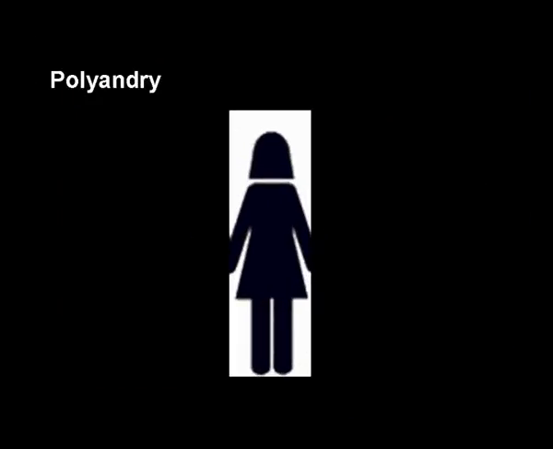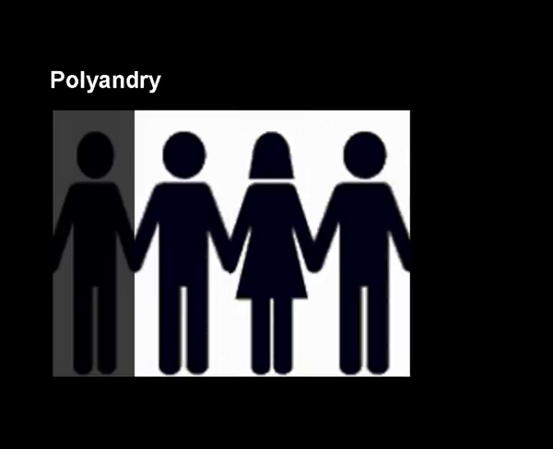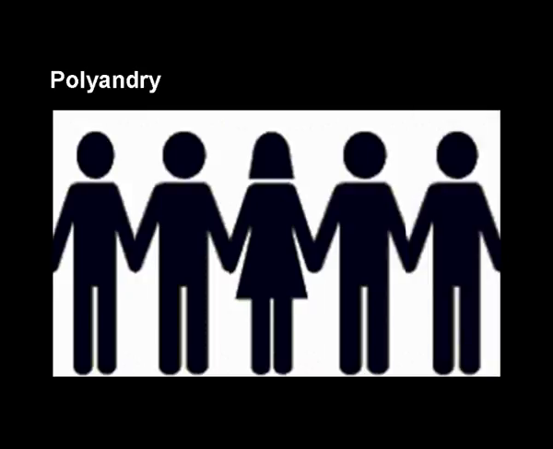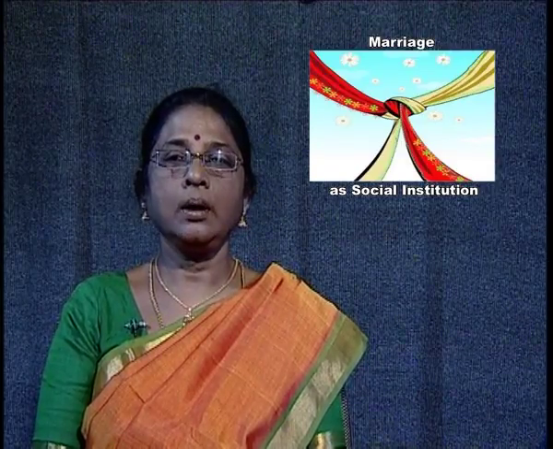The next one is polyandry. Polyandry refers to one woman entering into marital relationship with more than one man at a given time. This form of marriage further exists in two categories: fraternal polyandry and non-fraternal polyandry.